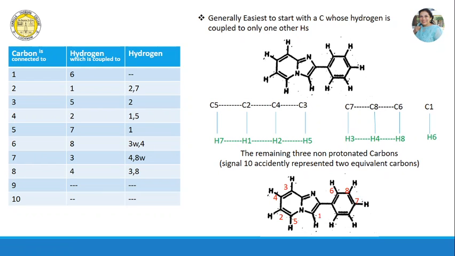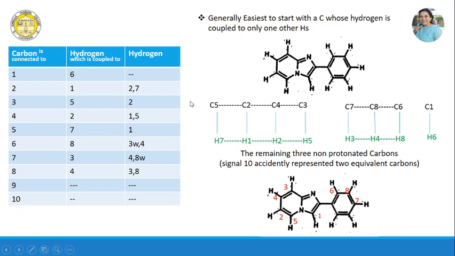It's easiest to start with a carbon whose hydrogen is coupled to only one other hydrogen, because that will be the corner piece of the puzzle. Whenever you make a puzzle, you first look for corner pieces. It becomes very easy to solve the puzzle then.